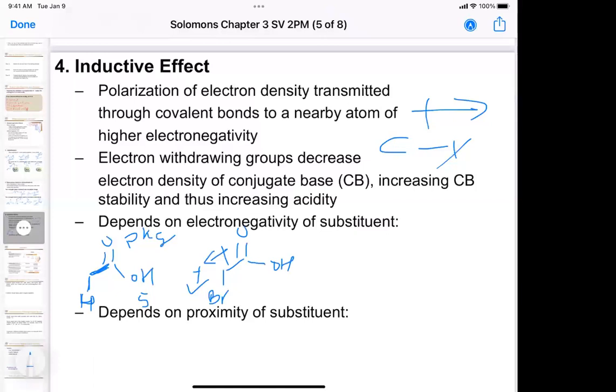So now our pKa drops to 2.86, just from that one polar group. Then if we keep increasing the electronegativity, I'm going to jump over here to fluorine. This is going to be 2.66, the pKa. So the inductive effect is drawing electron density through bonds to a more electronegative atom.